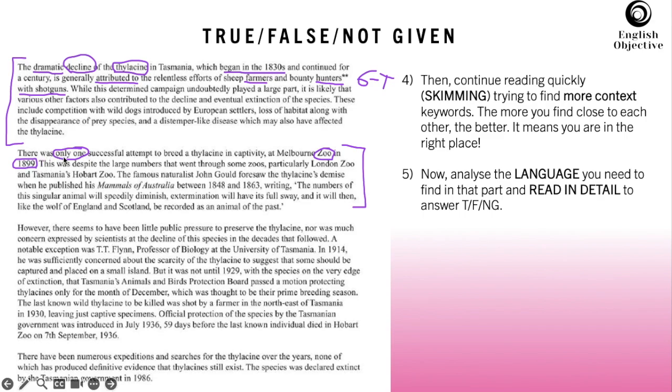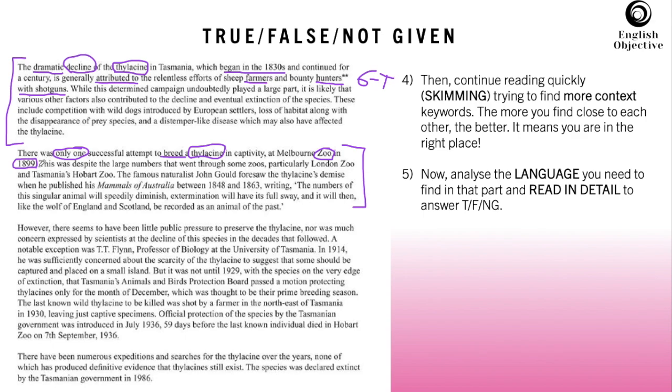So there was only one, so that's quantity. Successful attempt to breed a thylacine in captivity. So breed a thylacine in captivity could be to be born. And so that tells me this is the right place because I do have a lot of keywords connected one to another. I do have a quantity there, and I do have the time expression.